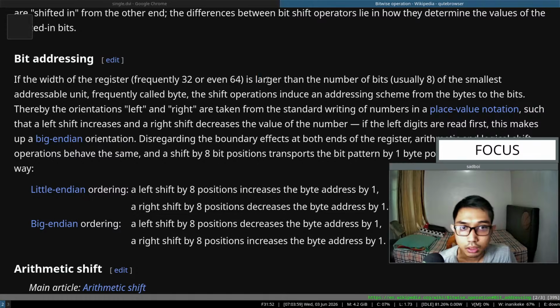Okay, the shift operation induces an addressing scheme from bytes to the bits.